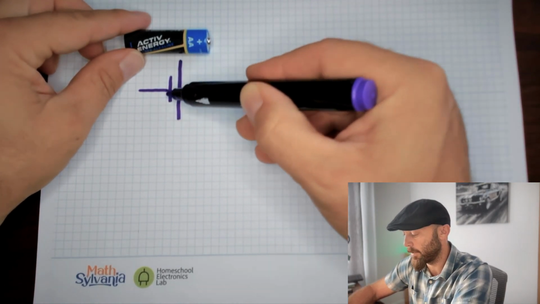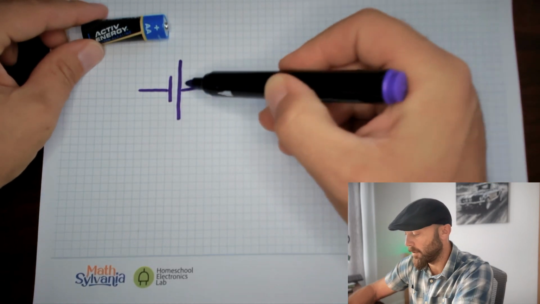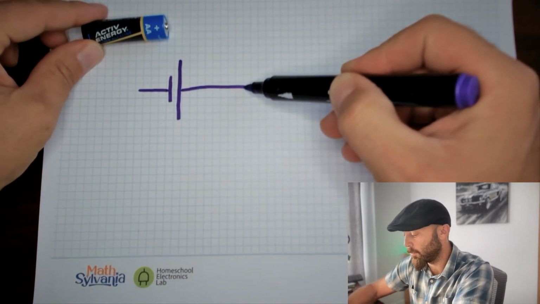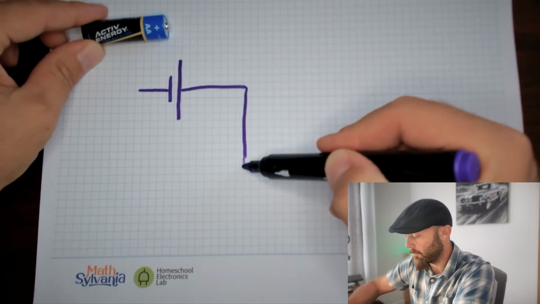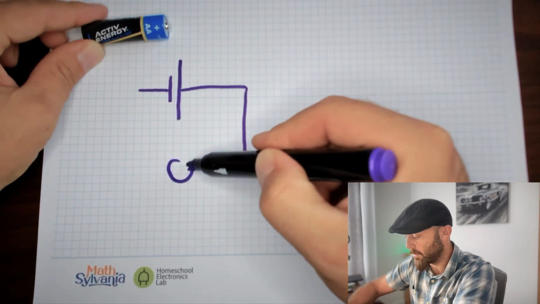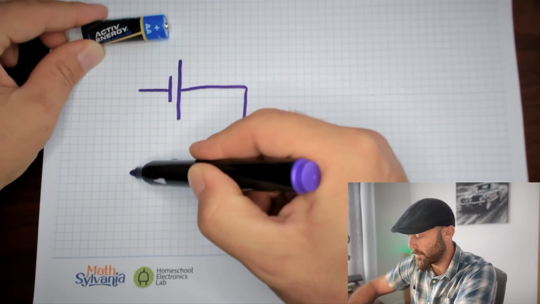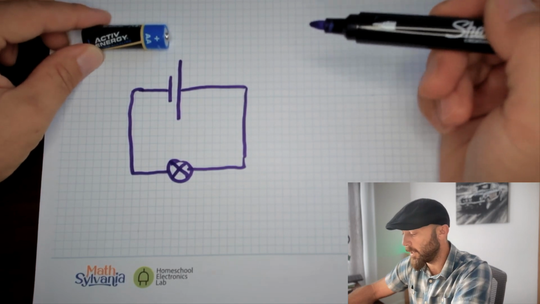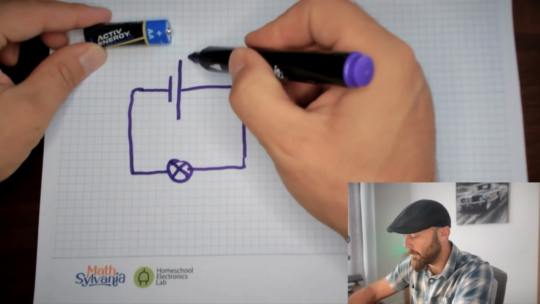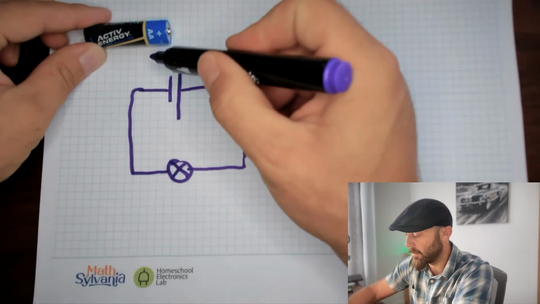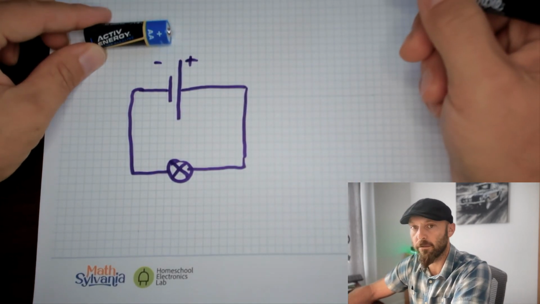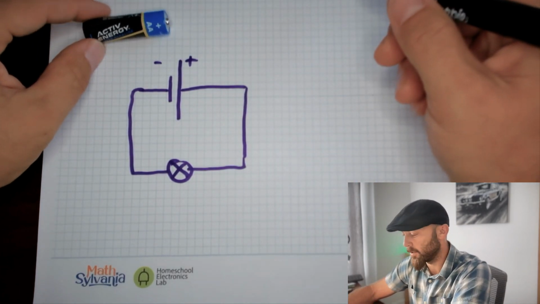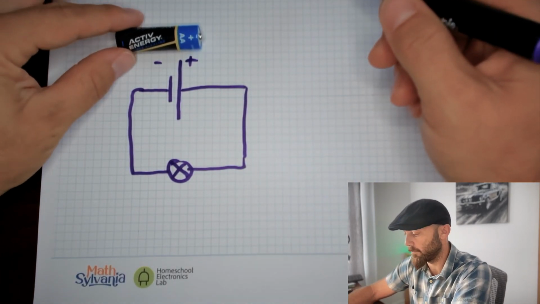These lines are parallel and they are perpendicular to the wire. So if my light bulb is right here, then this is how it would look. Typically, you don't have to, but typically we do a plus sign here and a minus sign here. This is the representation of the battery.